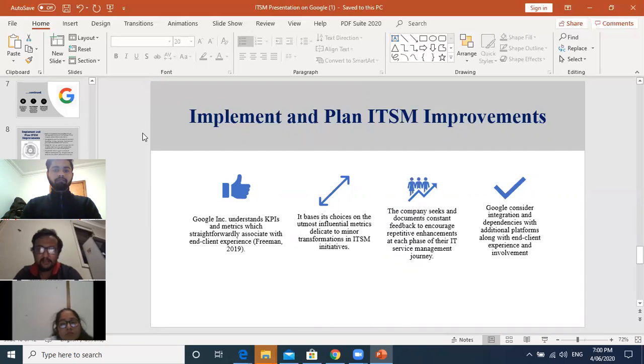The company seeks and documents constant feedback to encourage repetitive enhancement at each phase of the IT service management journey. Then Google considers integration and dependencies with additional platforms along with end client experience and involvement.